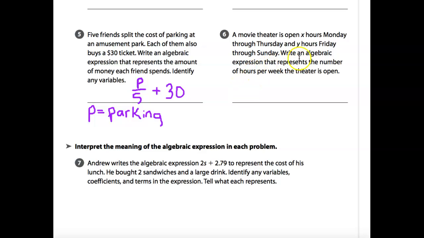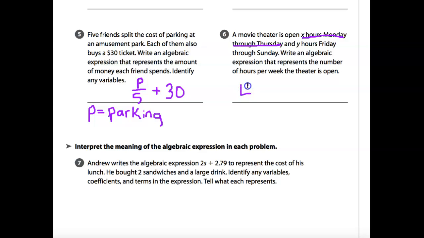A movie theater is open X hours Monday through Thursday and Y hours Friday through Sunday. Write an algebraic expression that represents the number of hours per week the theater is open. Okay, so X, we are told, represents the hours Monday through Thursday. So Monday, Tuesday, Wednesday, Thursday is 4 days.